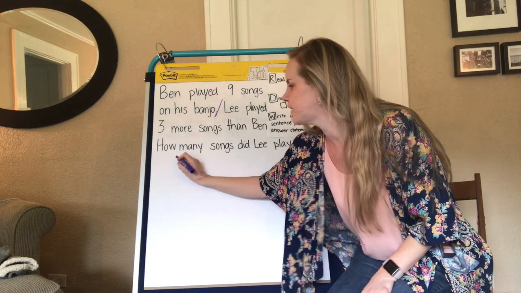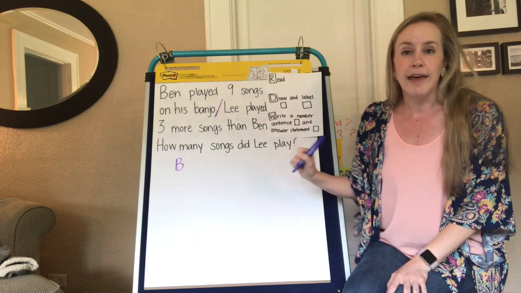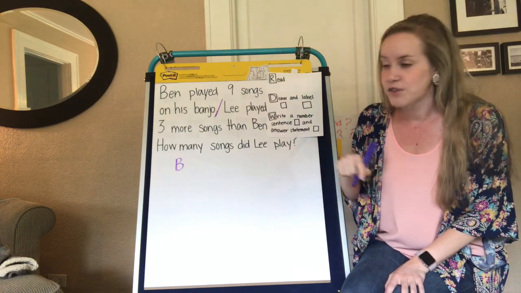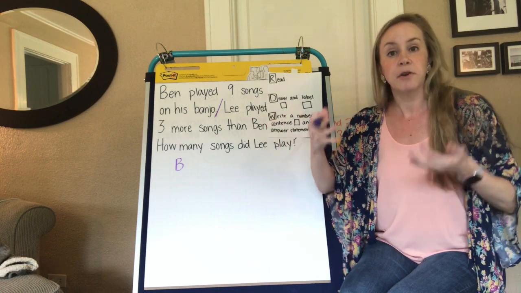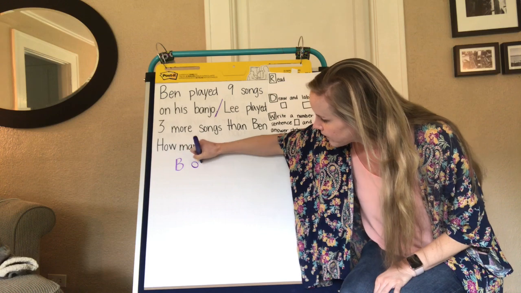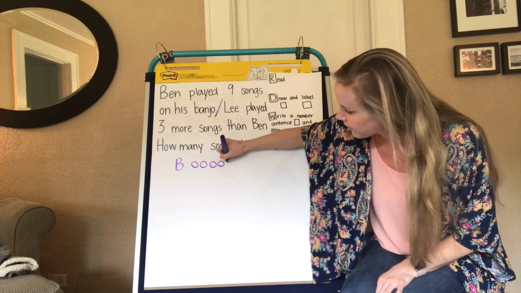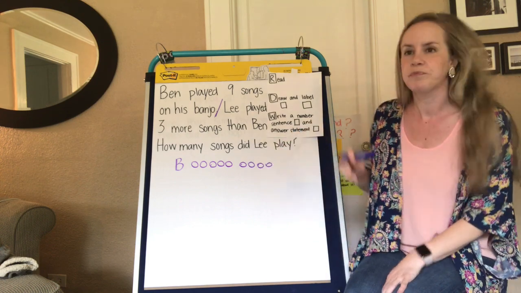So I'm going to do a B for Ben for my label. And I know for sure that Ben played 9 songs. So you can do a piece of tape that shows the number 9, or you can do a drawing. 1, 2, 3, 4, 5, 6, 7, 8, 9.